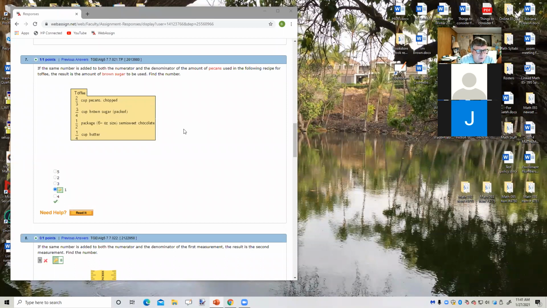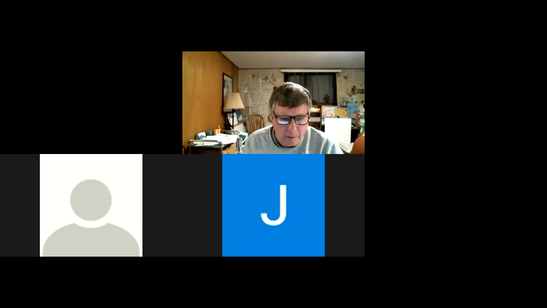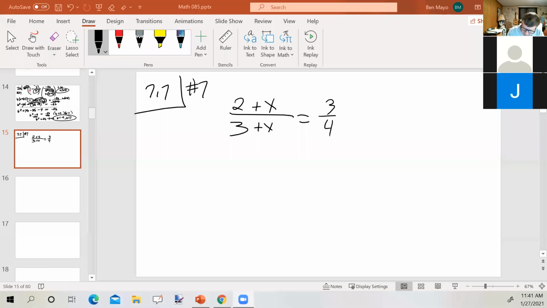If the same number is added to both the numerator and the denominator, so we're going to add x to the numerator and x to the denominator. So now we've got 2 plus x over 3 plus x. The result is the amount of brown sugar, which is 3/4 of a cup. So from reading the problem, our fraction or equation should look like this. Any question about that?